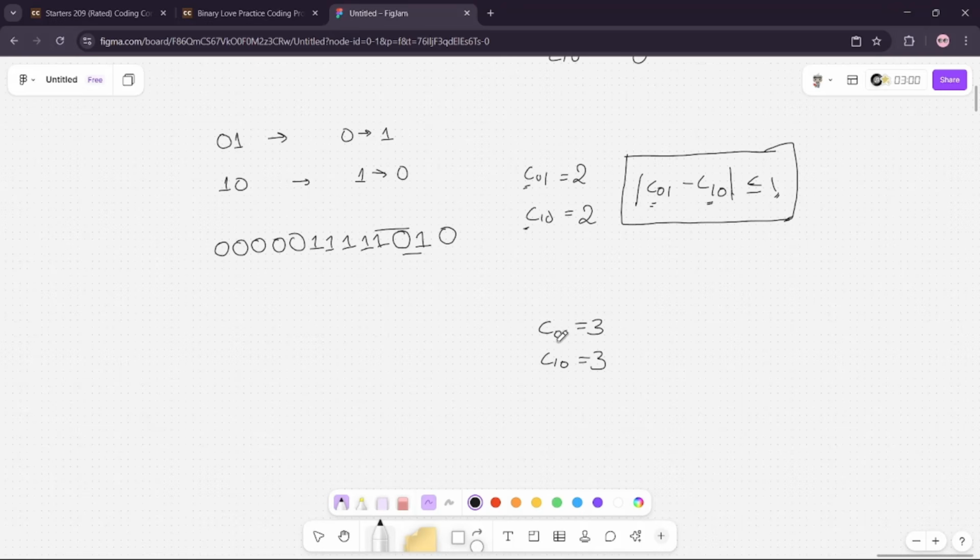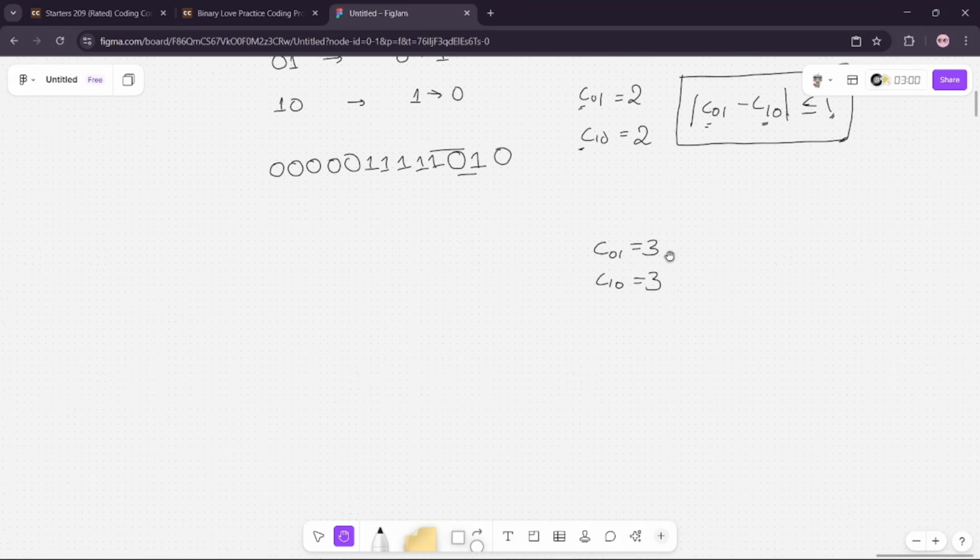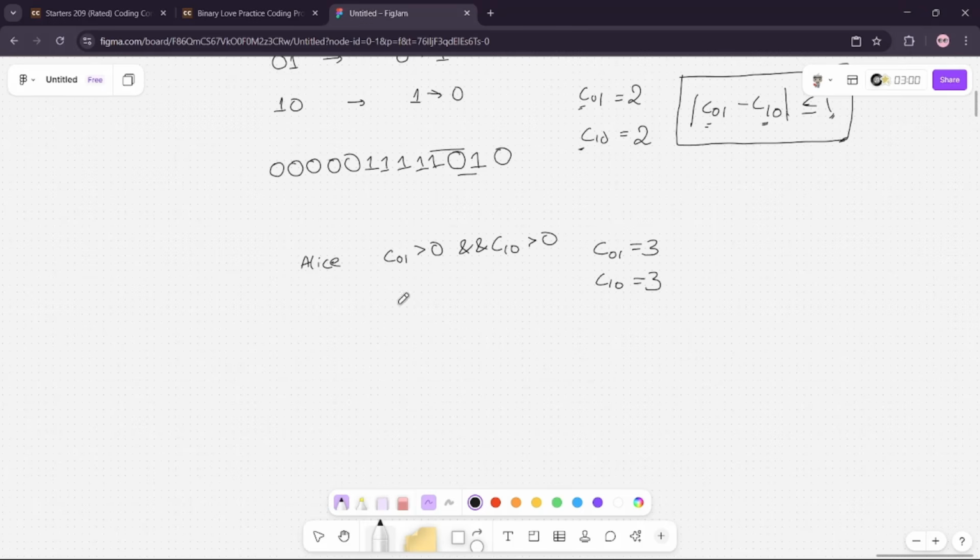That means whatever the counts of C01 and C10 may be, at some point they will become equal. Either they are initially equal, or the greater one will decrease as we remove characters and both of them will become equal. So Alice will win when C01 is greater than 0 and C10 is greater than 0.